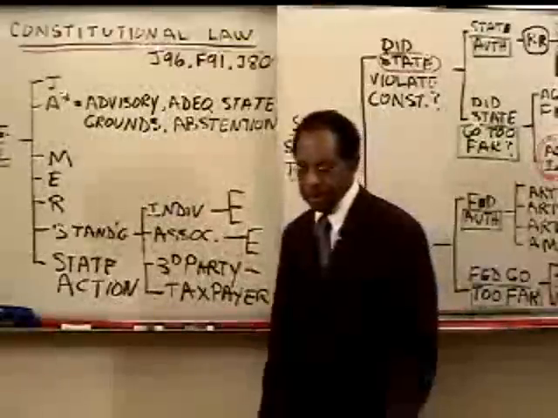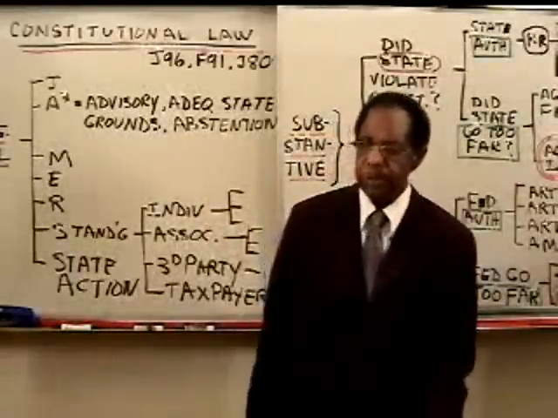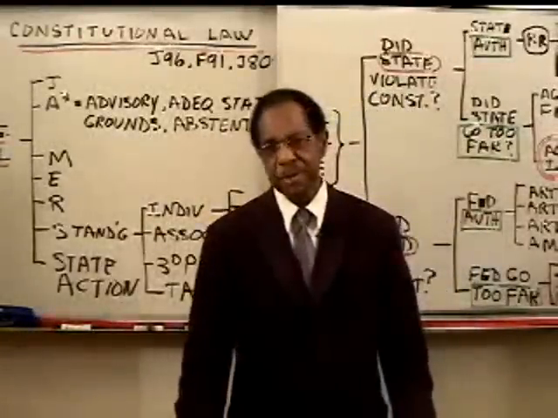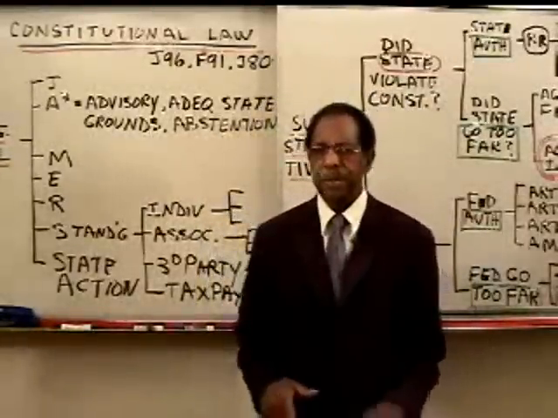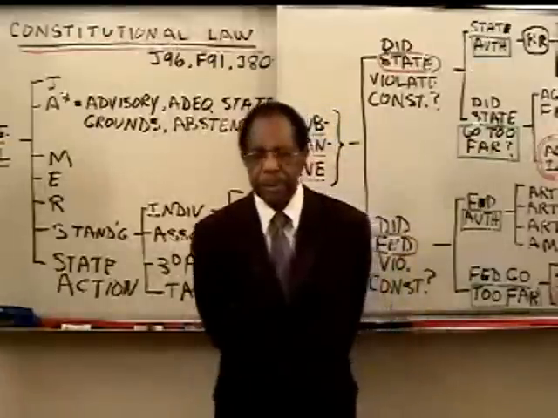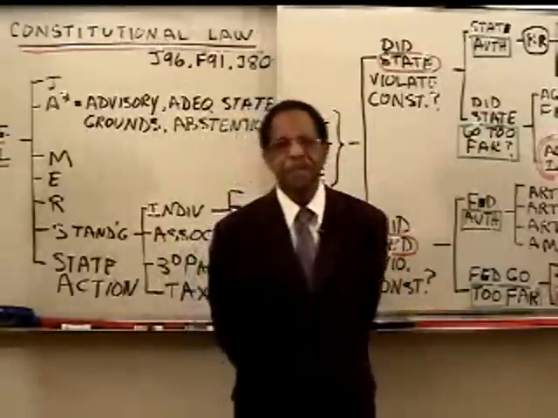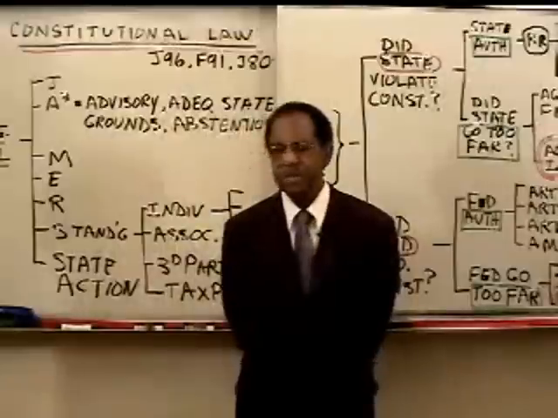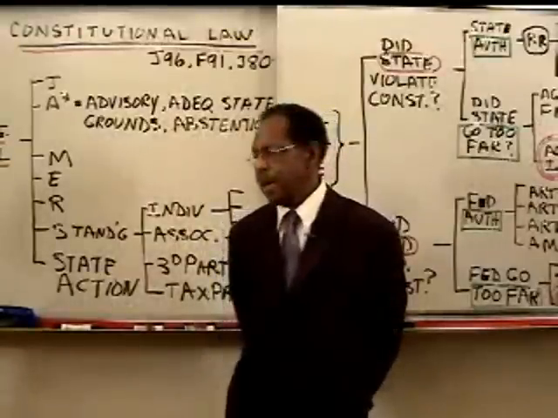Finally, taxpayer standing, that you just don't have federal taxpayer standing. Your interest is simply too minute. To get taxpayer standing, you'll have to show, you almost never have it, and so it's not a big deal.